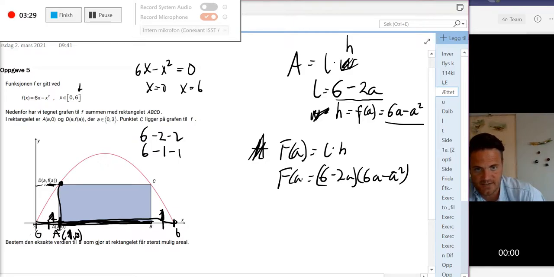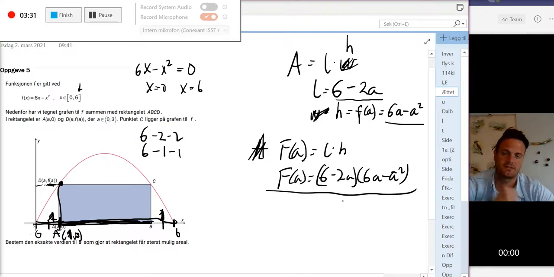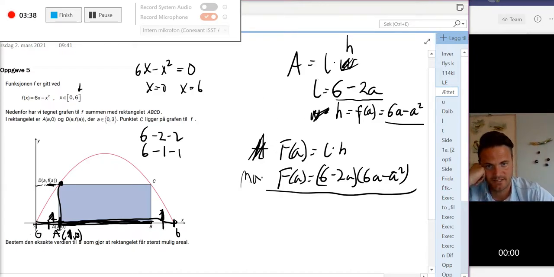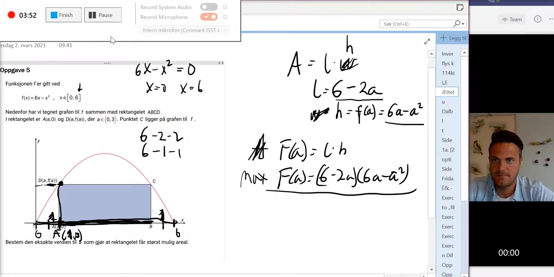So this is the area function, the function which gives us the area of the rectangle. We want to maximize this area. We could multiply them, of course, and get a third degree function, but we can just put it in like this in CAS and find the maximum point. I will show you how to do this in CAS.